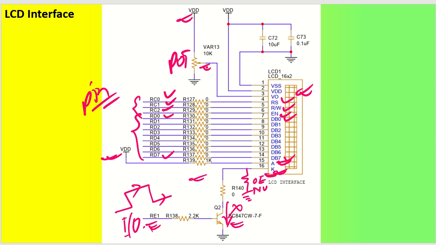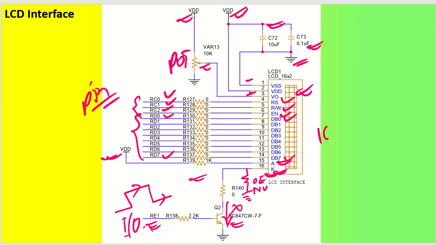And this is the VDD pin, which is the power supply pin. The power supply pin is given a bulk capacitor of 10 microfarad and 0.1 microfarad capacitors. These capacitors can be connected to the VDD pin, and VSS is your ground, which is connected to the ground pin.